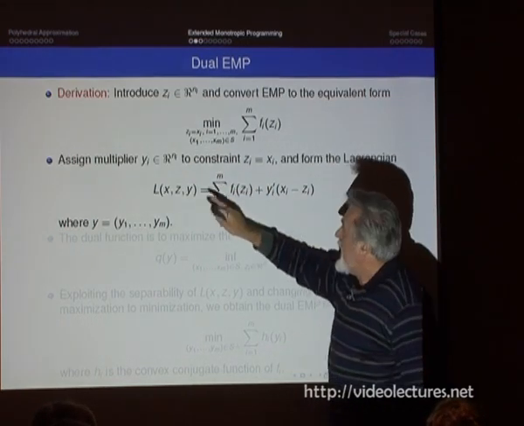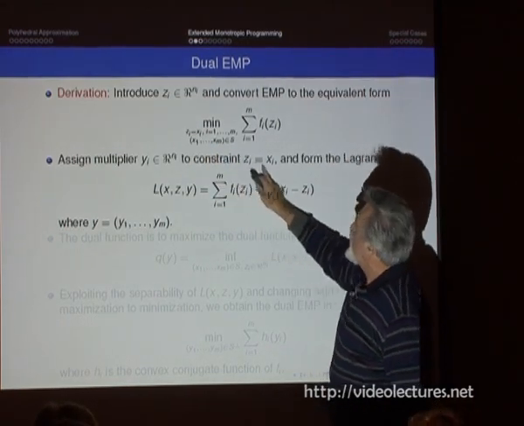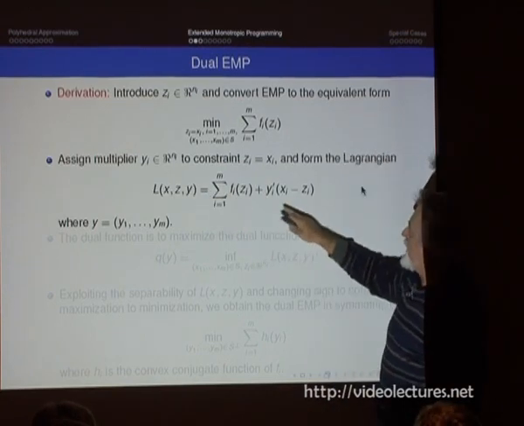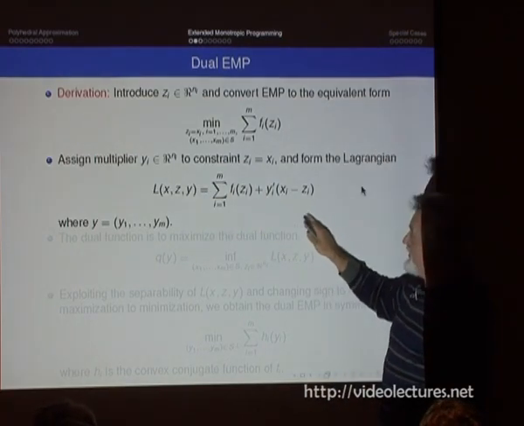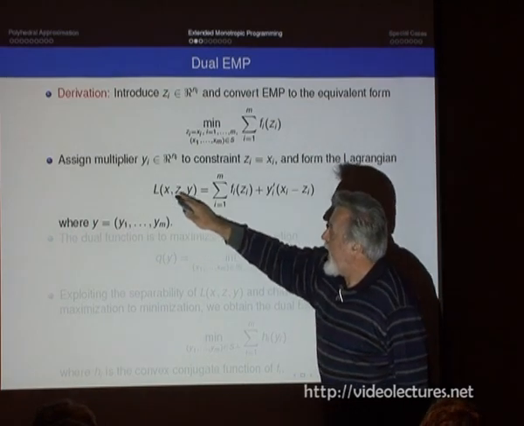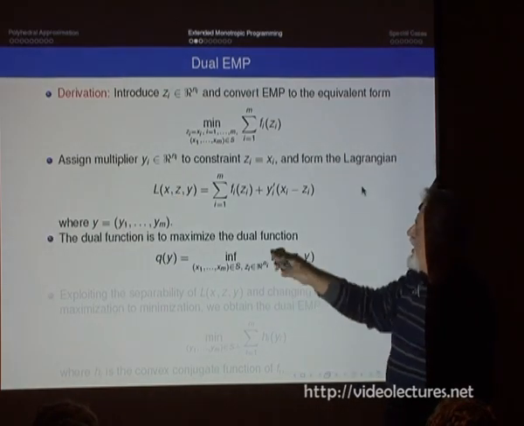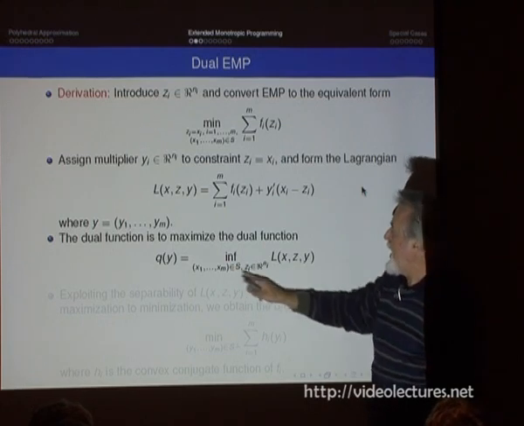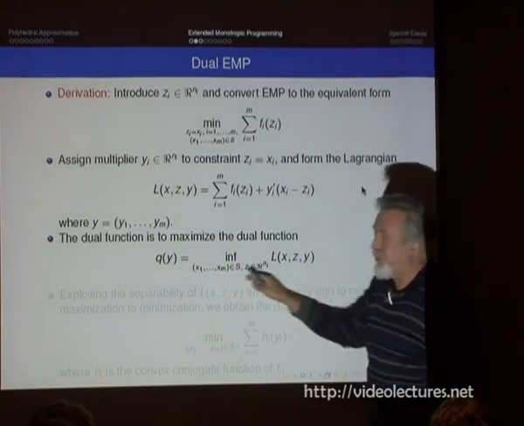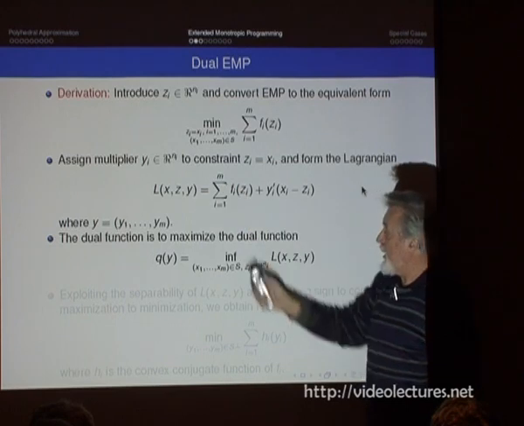This defines a linear constraint to which we can assign a Lagrange multiplier, form a Lagrangian, and then minimize over x and z. After you do that, you obtain this dual function of y, of the Lagrange multipliers.